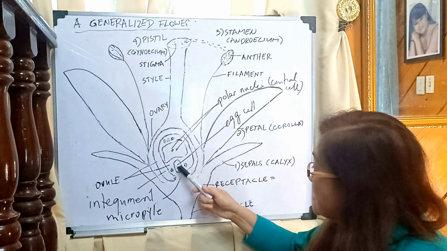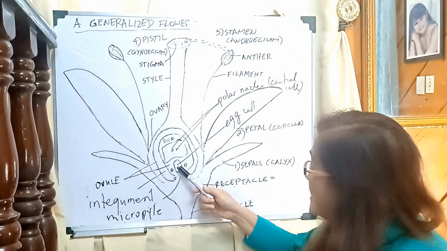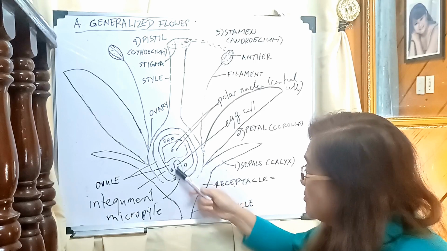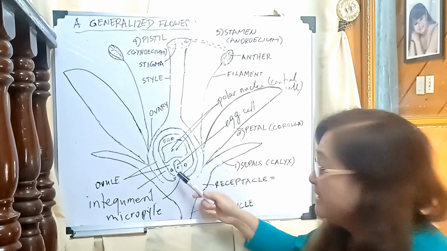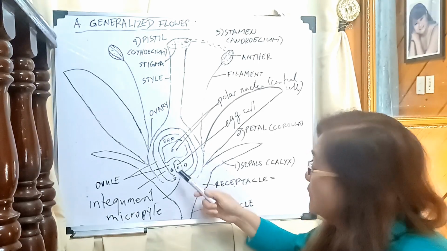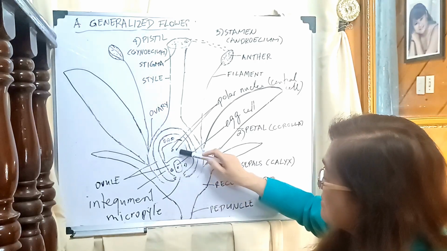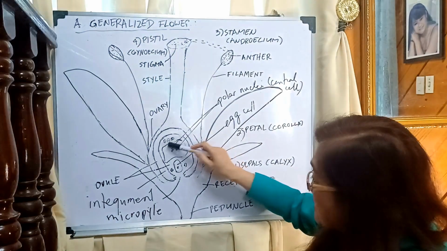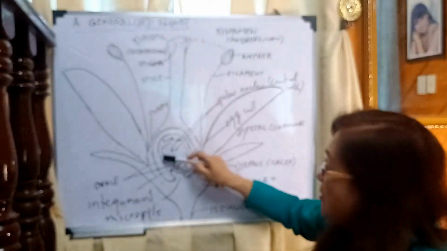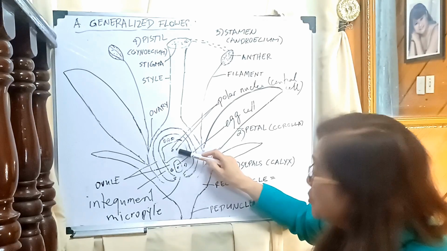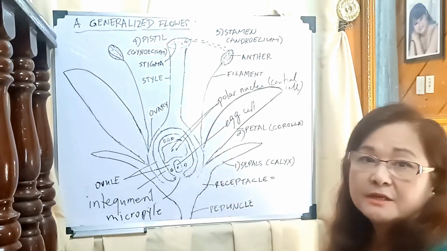So this egg cell is the female reproductive cell. This is an important cell, the most important cell actually in the ovule or in the ovary. This entire cell is the central cell containing two haploid nuclei inside, which we call the polar nuclei.